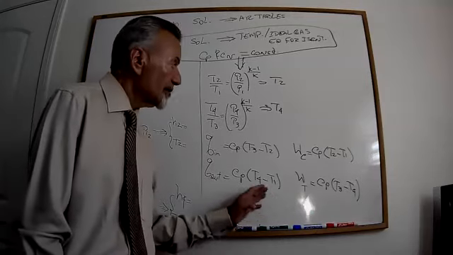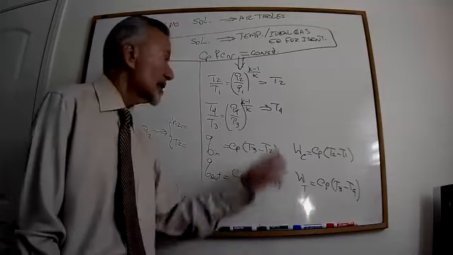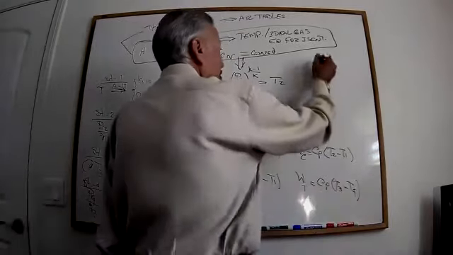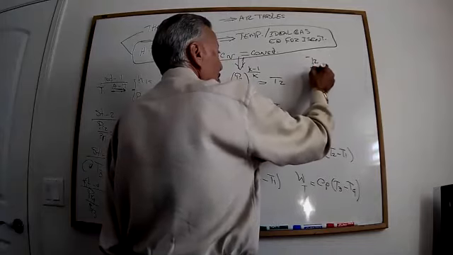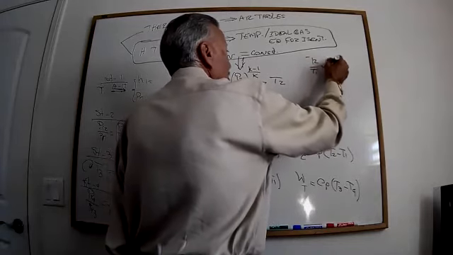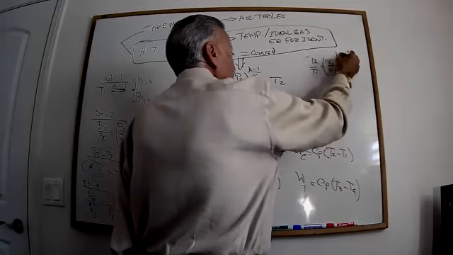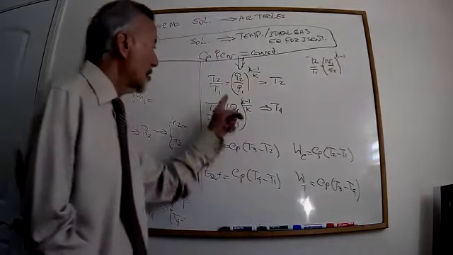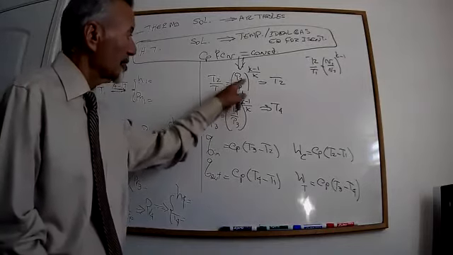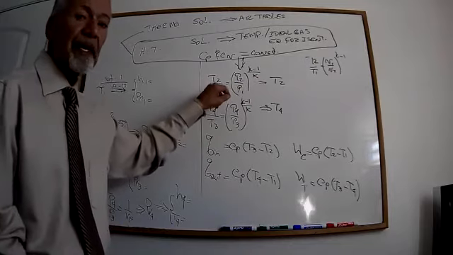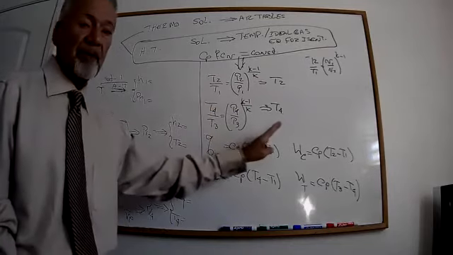So this is very crucial for you to understand. It's different, because on an Otto and diesel cycle, we have T2 over T1 equal to V1 over V2 to the power of K minus 1. But now it's a pressure, so it's K minus 1 over K to find the T2. So there is a difference between the two.